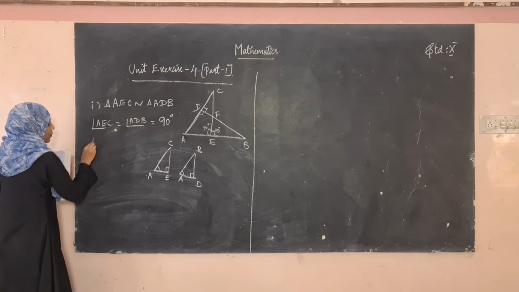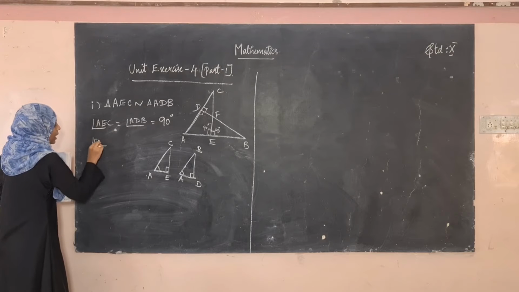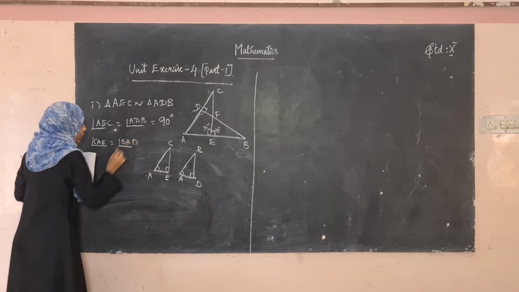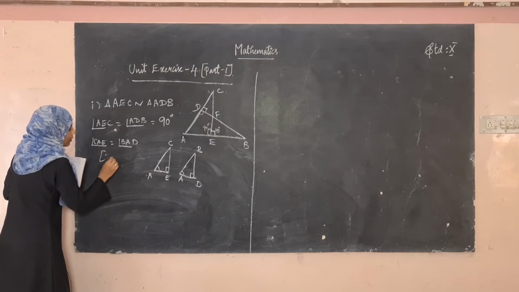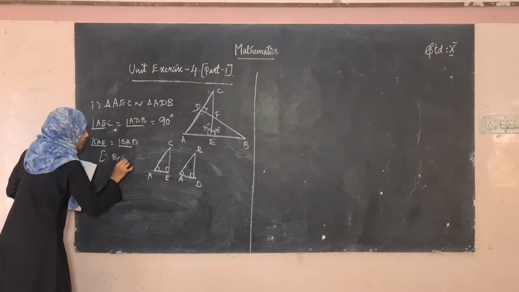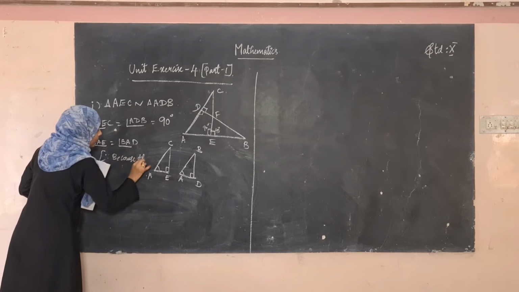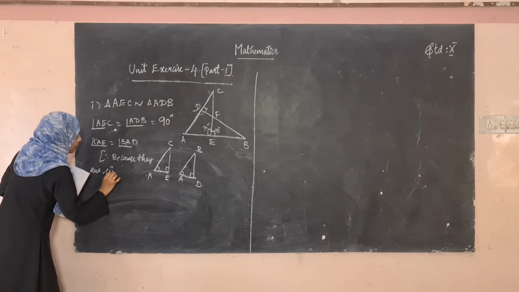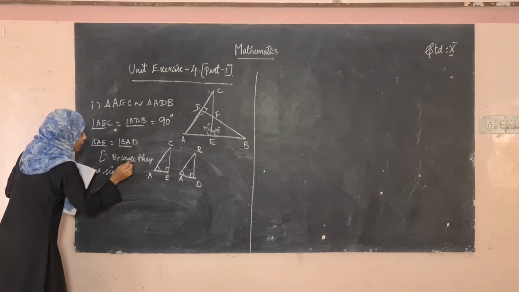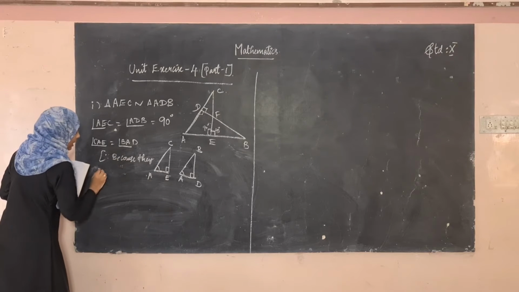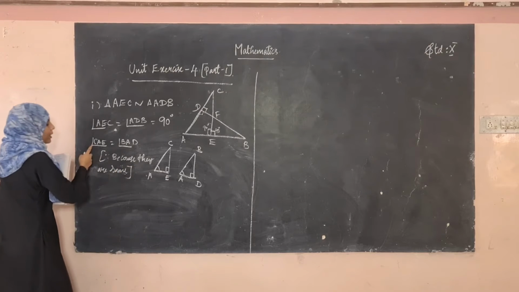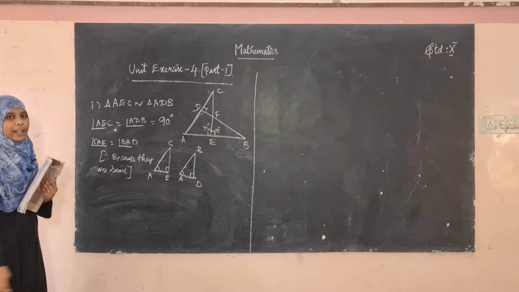That is, angle CAE is equal to angle BAD. You have to write the reason, because they are the same angle. Because the angles are the same, therefore we write angle CAE is equal to angle BAD.